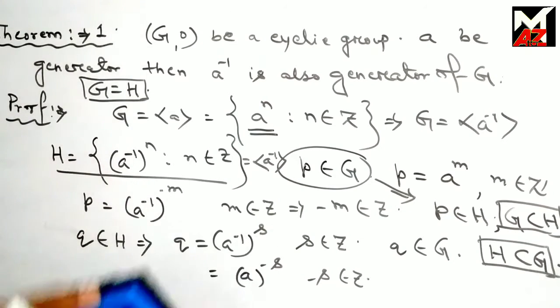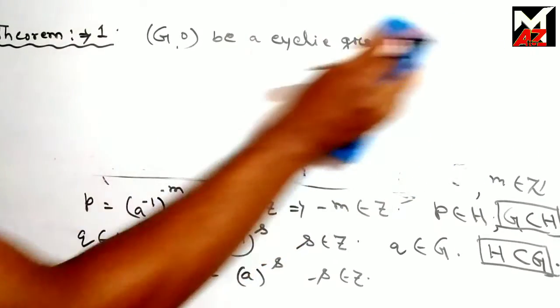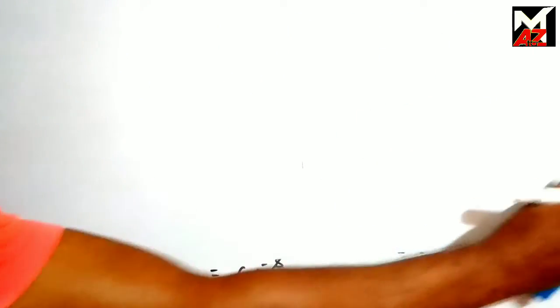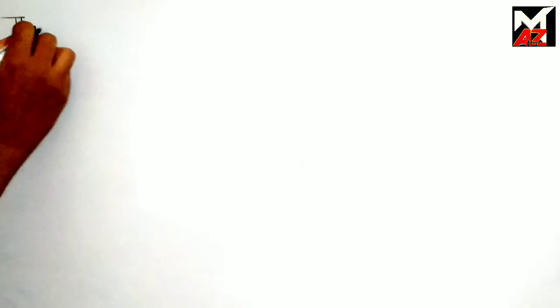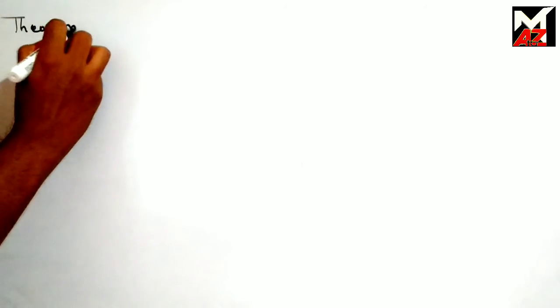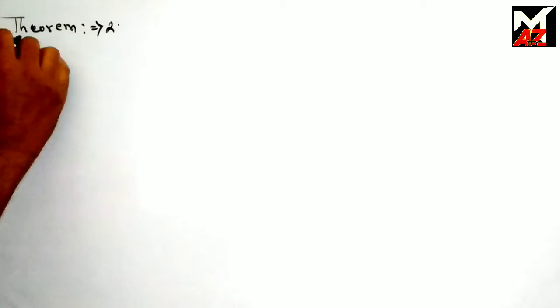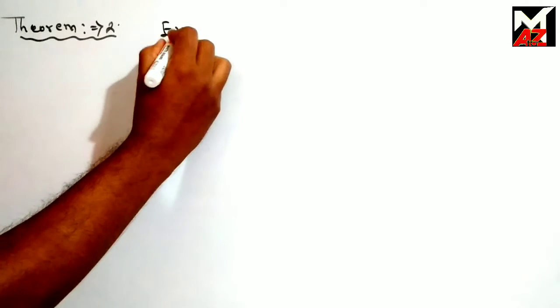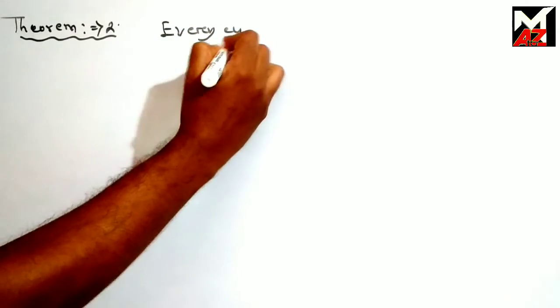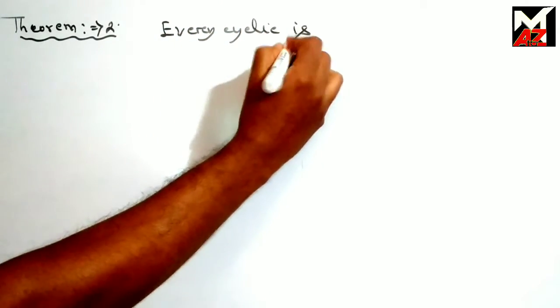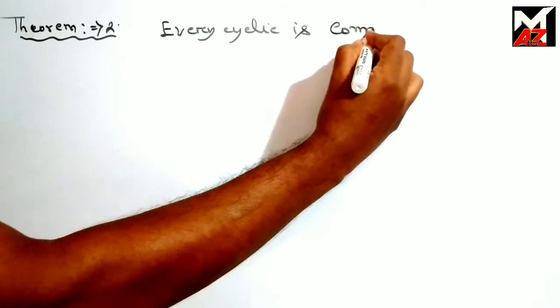Now we go to the second property, or second theorem, of the group. Theorem 2: every cyclic group is commutative.